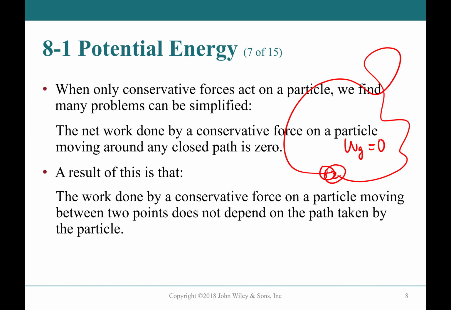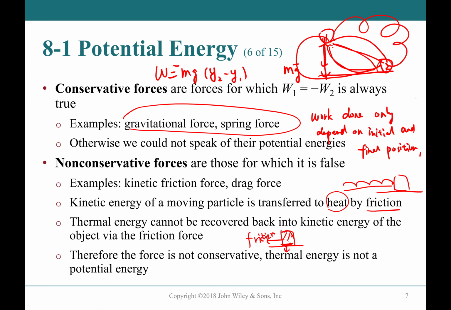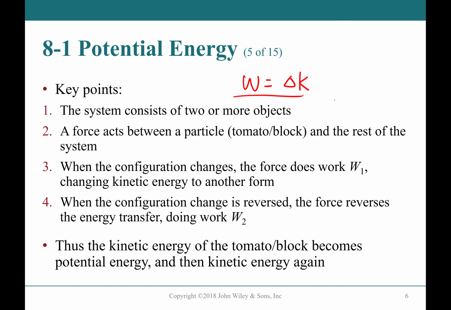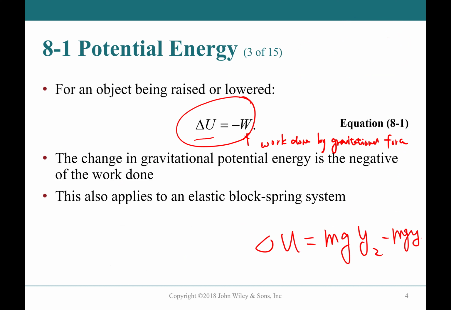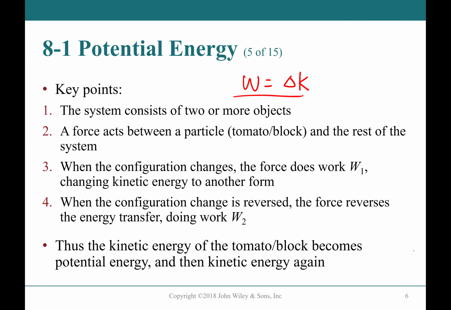So this is easier to understand than finding out the work done by the gravitational force using this equation, okay? Using delta U equals mgy2 minus mgy1, it's the same thing, but this is easier to understand how the potential energy is changed by changing the position of the object.